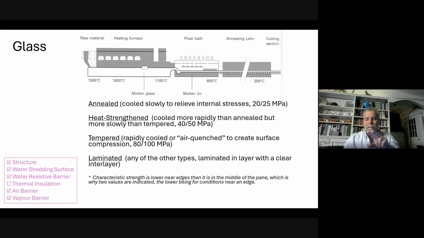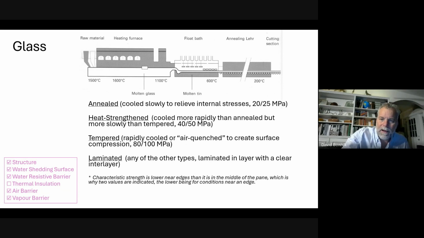The reason there are two numbers is that within the field of the glass, away from the edges, the probability of a strength reducing flaw is less, and so we use a higher allowable stress. So for annealed glass, we use 25 MPa in the field of the glass, and we use 20 MPa around the boundaries of the glass, where the probability of a strength reducing flaw is higher.